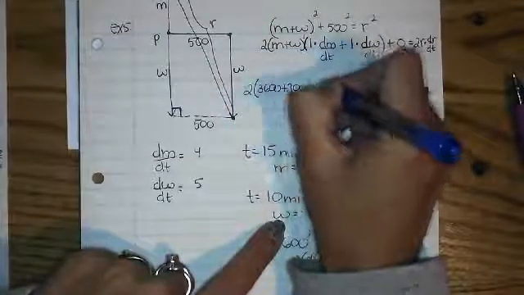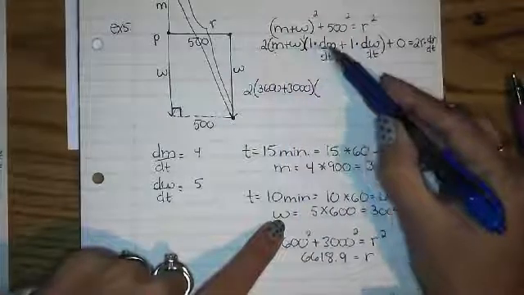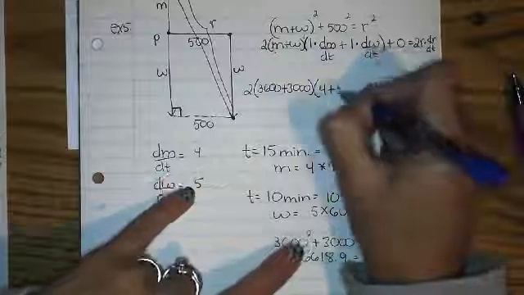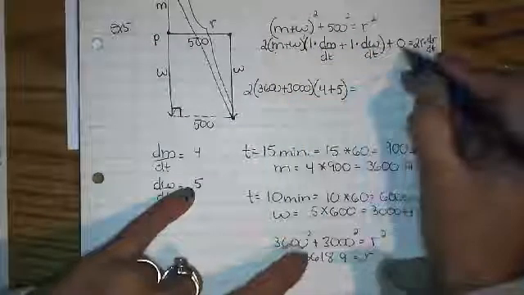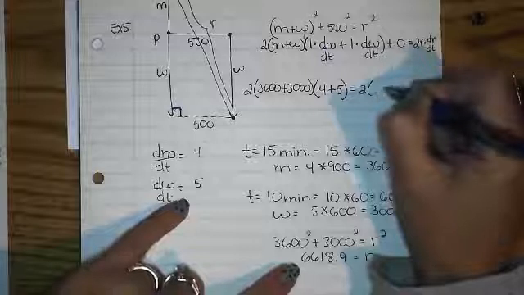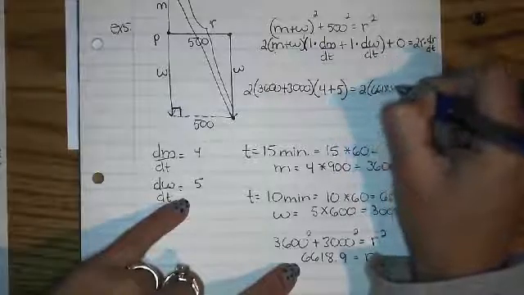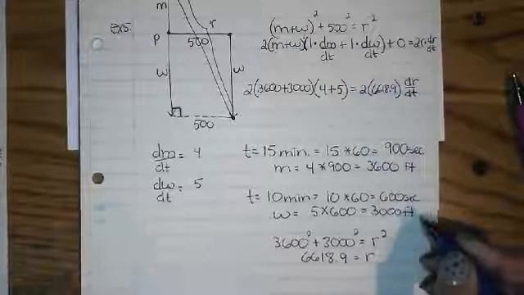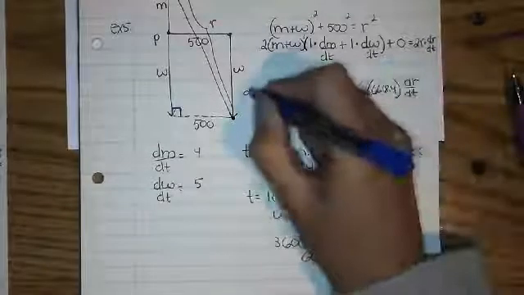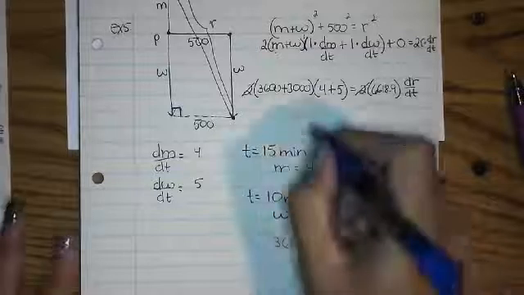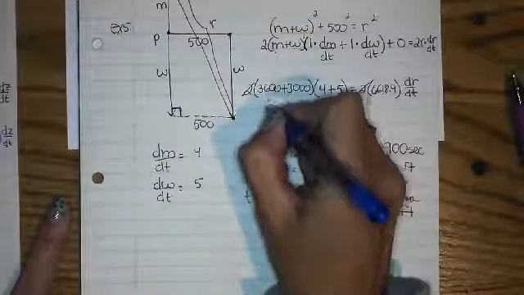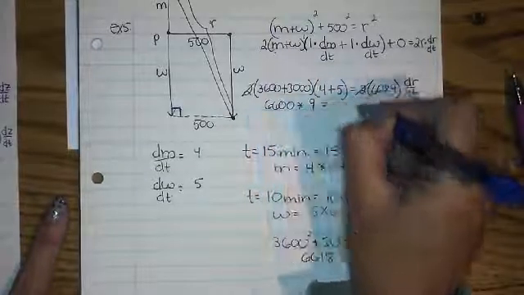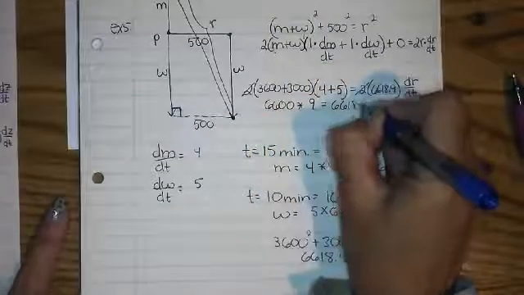So it will be 2 times the man was 3,600, plus the woman was 3,000, times by 1, I don't need that, times the rate of the man was 4, plus the rate of the woman was 5. Zero's gone. 2 times 6618.9 times dr/dt. Okay, so dividing by 2 will cancel those.